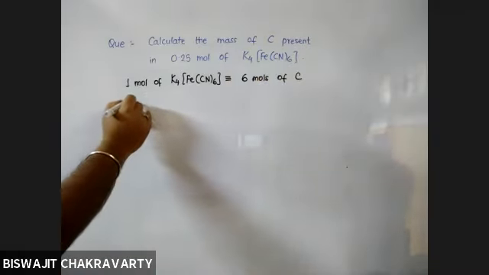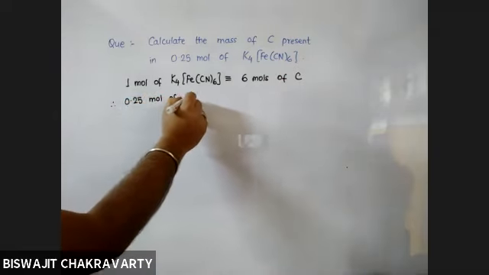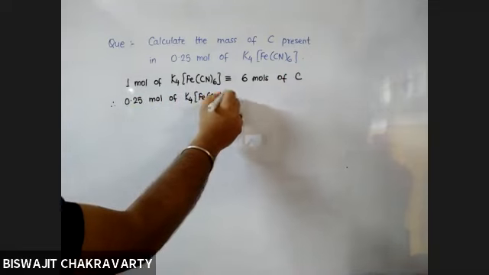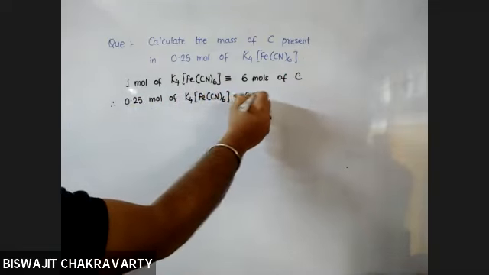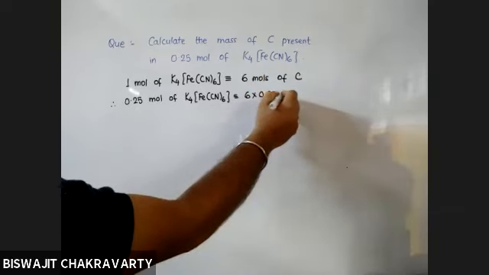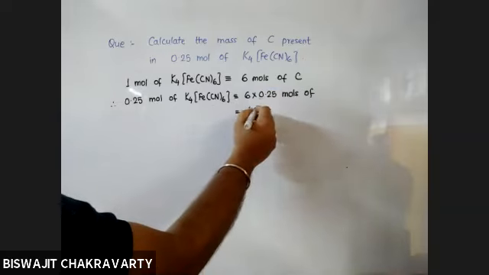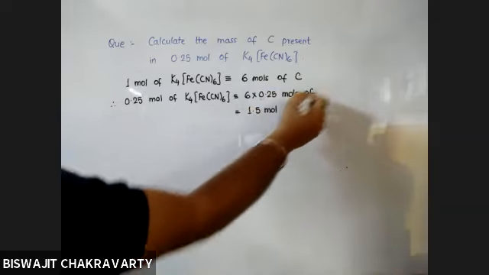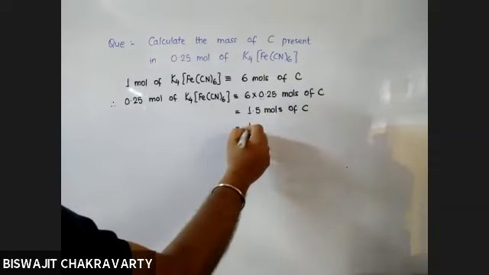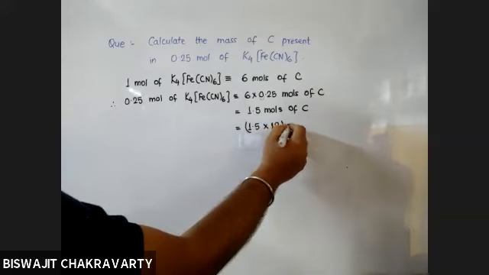Therefore 0.25 mole of K4Fe(CN)6 will be 6 into 0.25 moles of carbon. So it will be 1.5 moles of carbon. Understood?